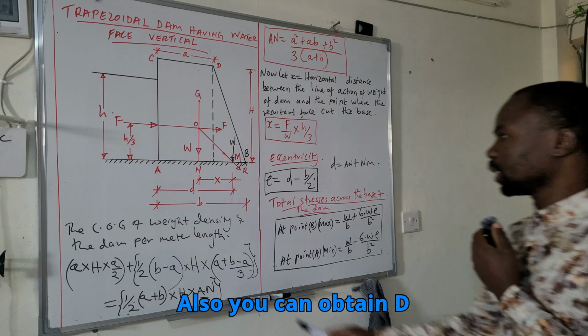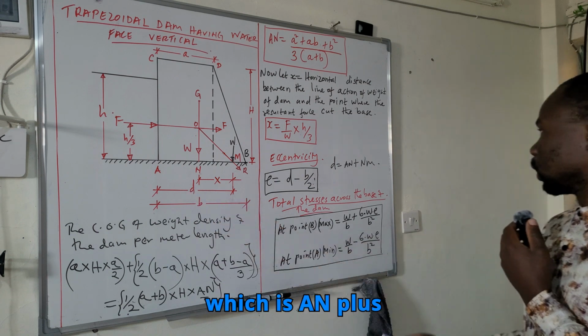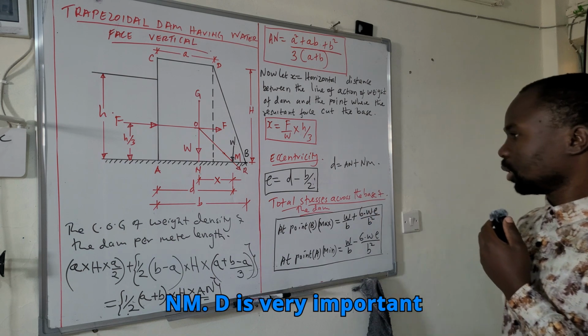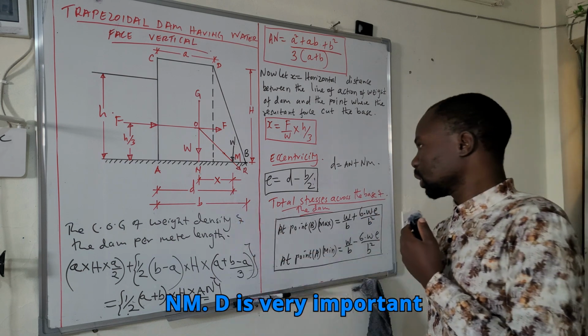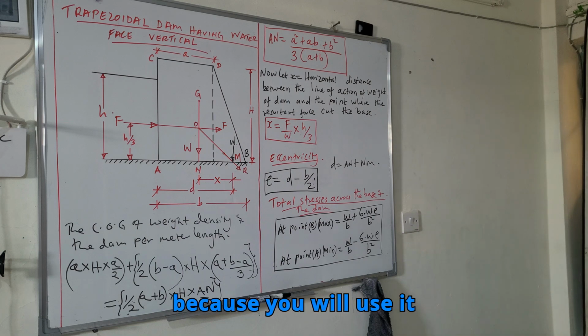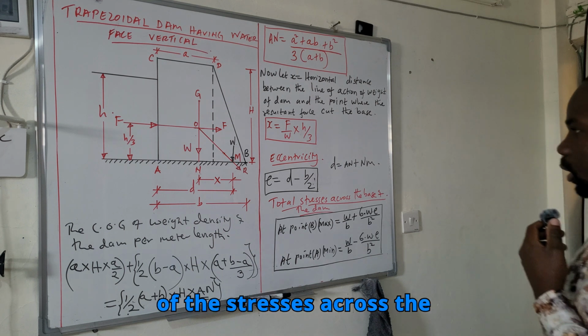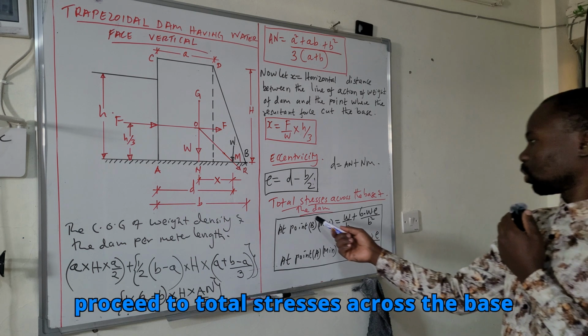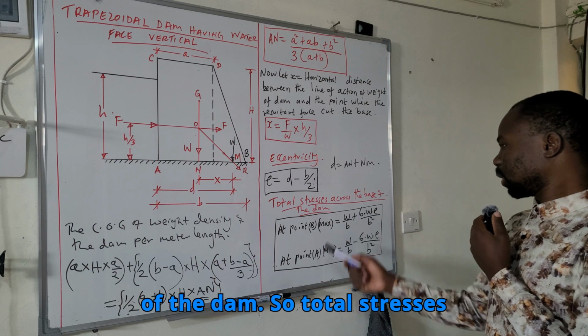Also, you can obtain D, which is AN plus NM. D is very important because you will use it in the calculation of the stresses across the base of the dam.